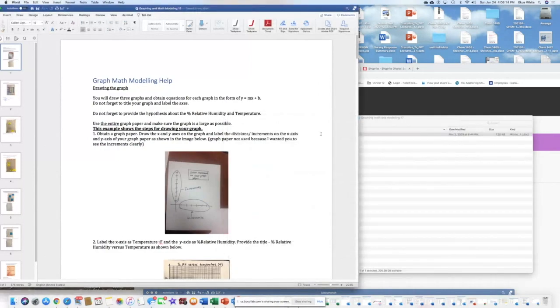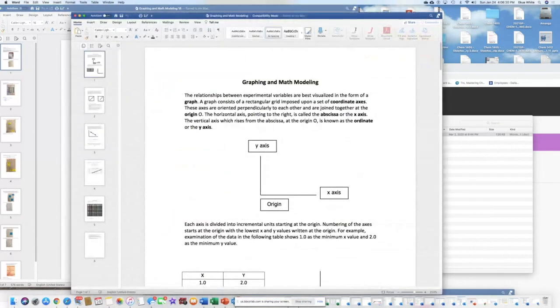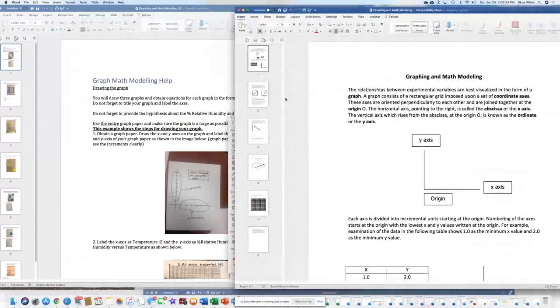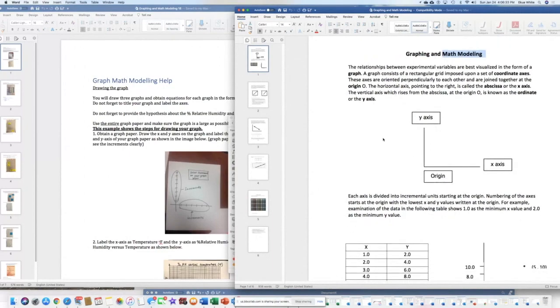Okay, let's see. Okay, so this is the instructions, right? This is telling you the lab is about graphing and math modeling. It starts with a paragraph telling you about the axes.